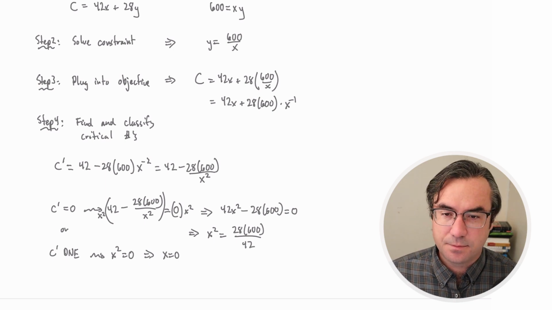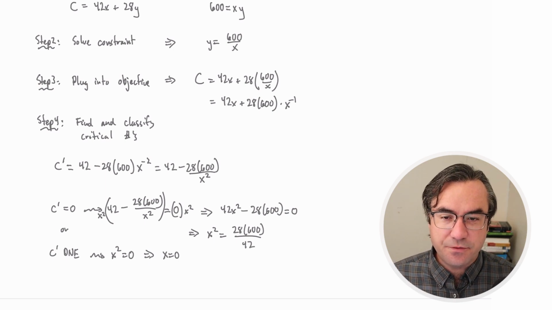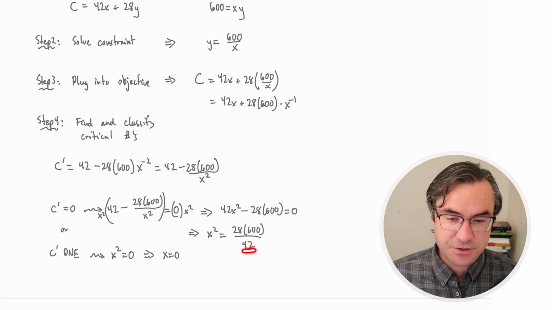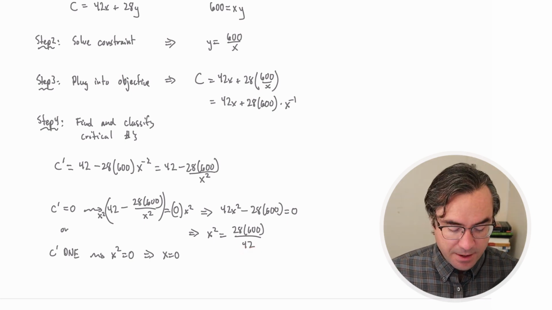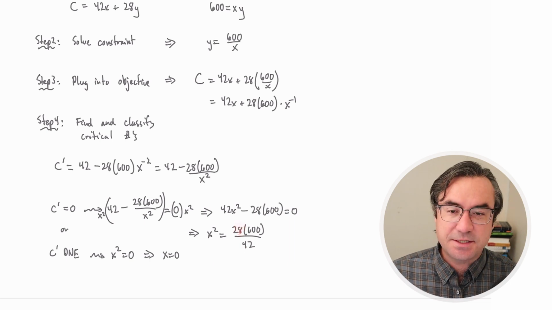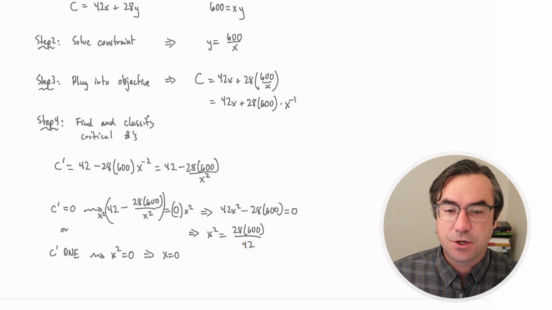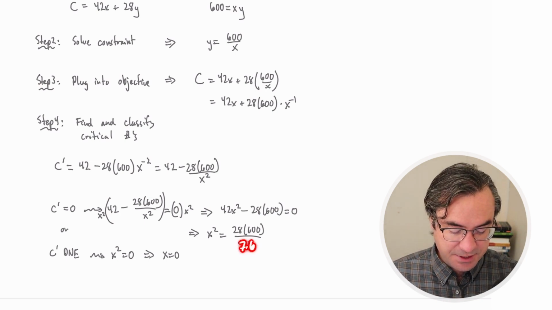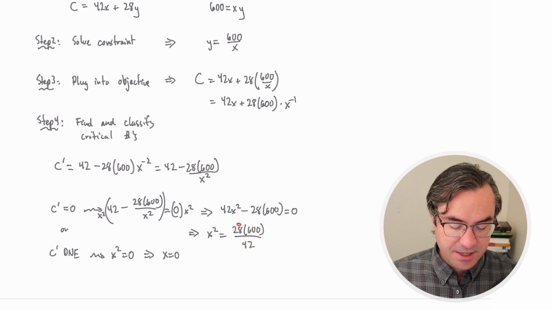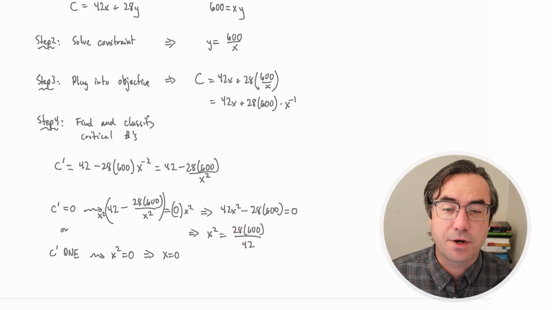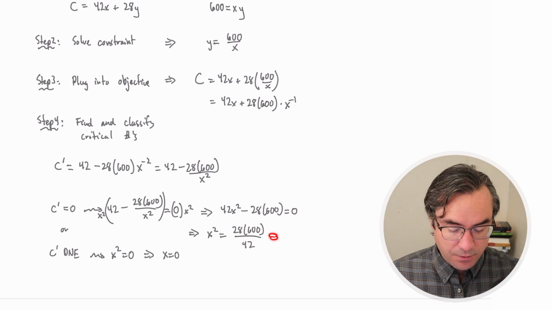If we do the division, there's a 6 hidden inside the 600, and there's a 6 hidden inside that 42, and there's a 7 hidden inside that 28, and there's a 7 hidden inside that 42. So 7 times 6 is 42, so we can cancel the 6's, and then we can cancel the 7's from the 28 and the factoring of the 42. And so if we keep going, we end up with x squared is equal to 400.